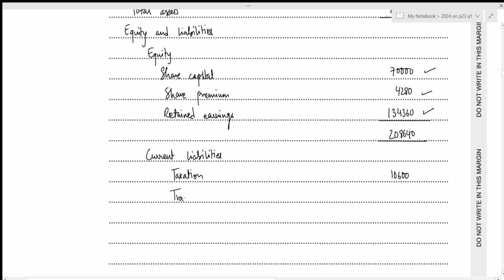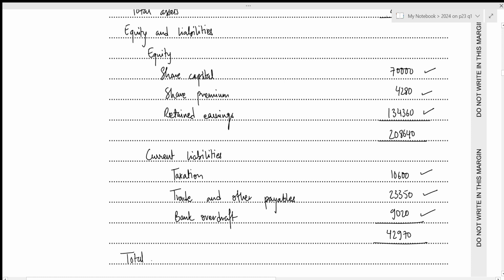Then we calculated the trade and other payables, which was 23,350. Then we also calculated our bank overdraft, which was 9,020. Now we need the total for our current liabilities. That will be 10,600 plus 23,350 plus 9,020, which results in 42,970.